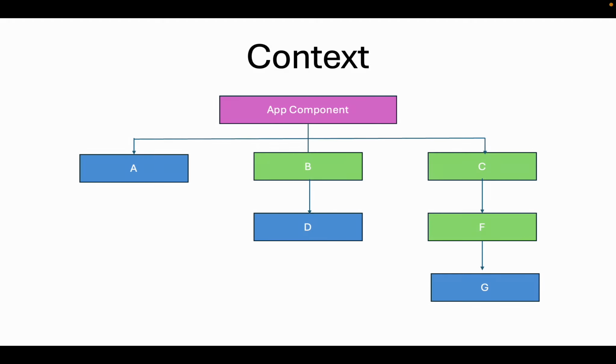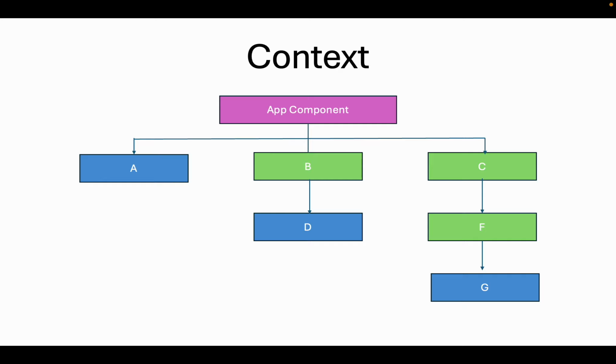As you know, in our last tutorial, we learned what Context API is, why we need Context API, and what props drilling is. This was the same example we discussed in our last tutorial.